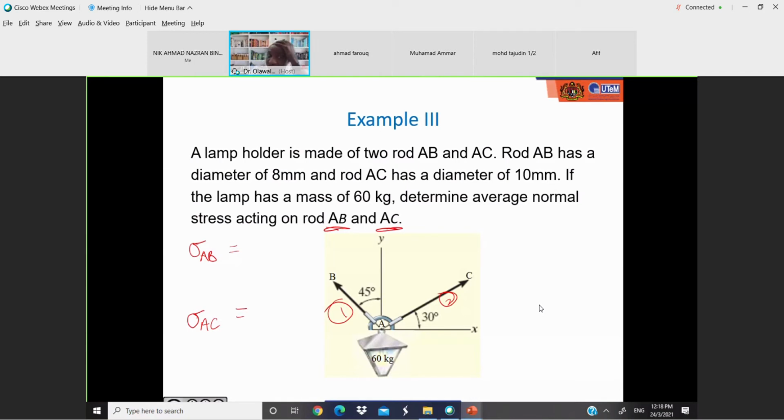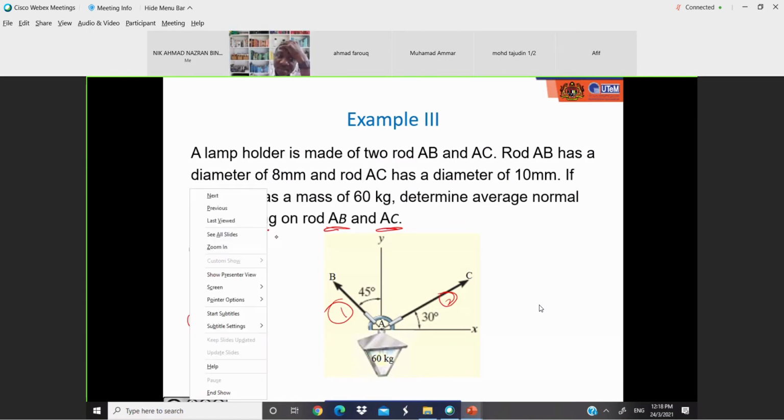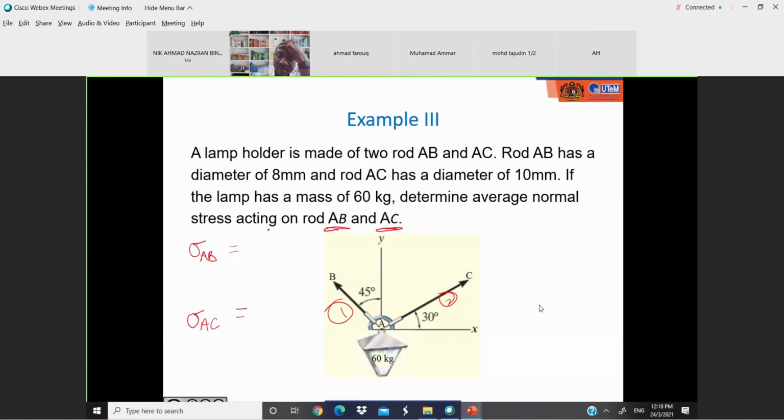So now sigma AB equals what? What's the formula for sigma? Force over area. Force over A, so for AB, this is F_AB divided by area AB.